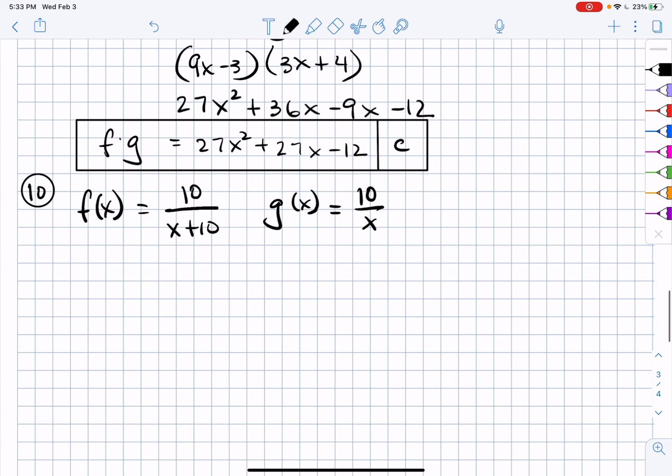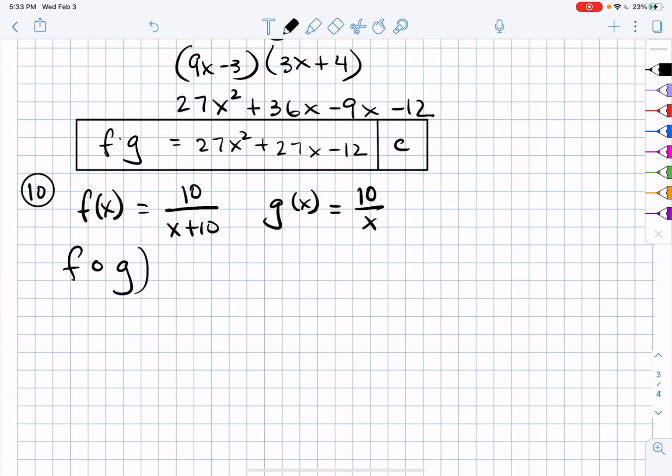Okay, and what it's looking for is the domain for the composite, f composite g. What that means is that it wants you to take the g of x and plug it into f of x.